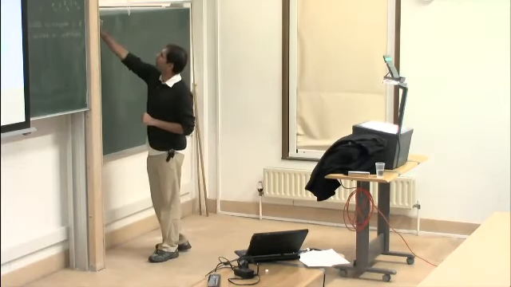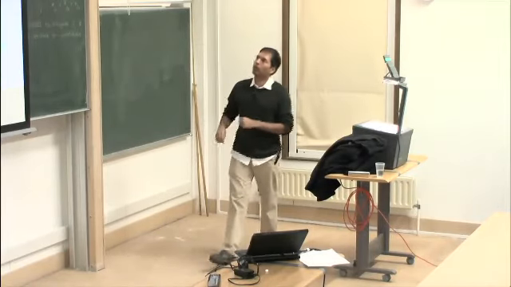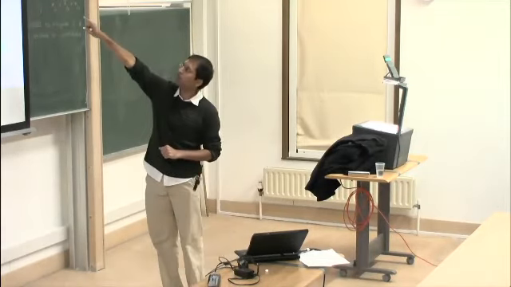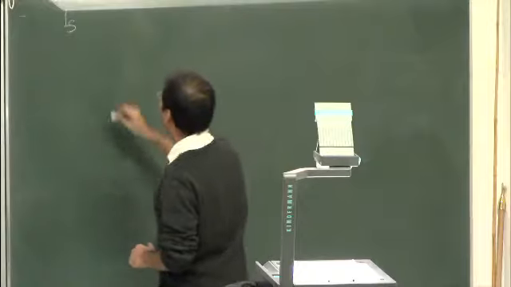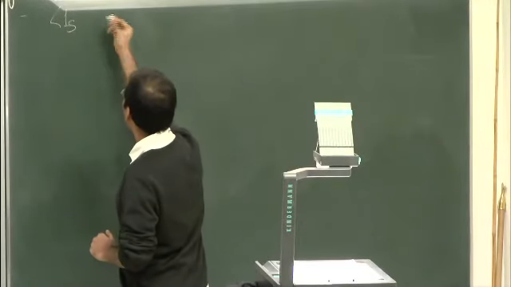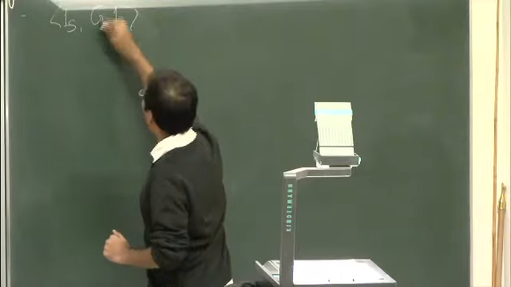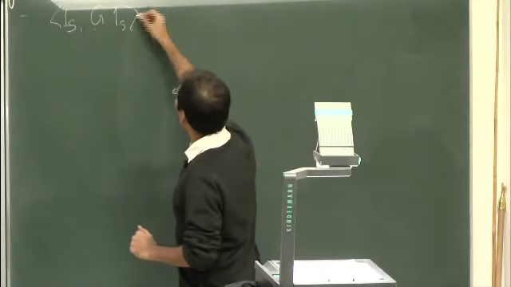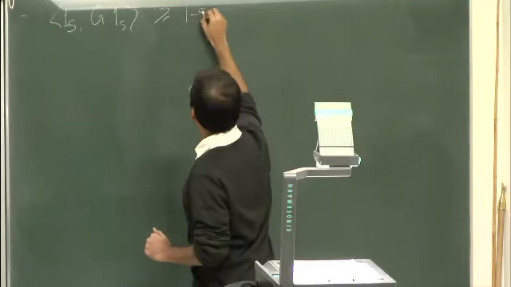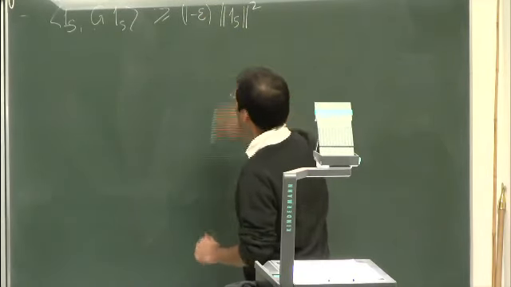So first observe that I'm trying to find a set whose expansion is at most epsilon. Let 1 sub S denote the characteristic vector of this set. Its expansion being at most epsilon is the same as saying that, if G denotes the normalized adjacency matrix of this graph, then the quadratic form of 1 sub S is at least 1 minus epsilon times the squared norm of this vector.